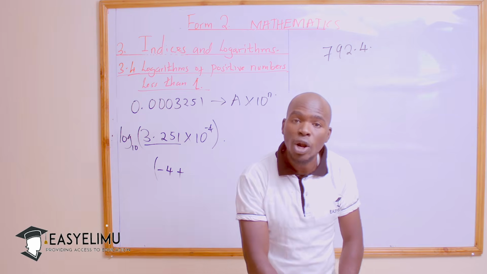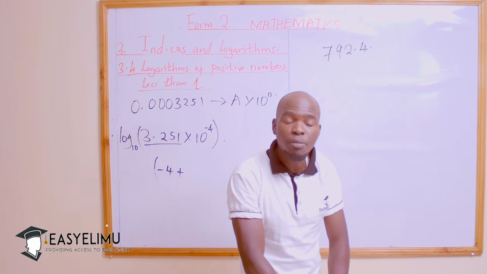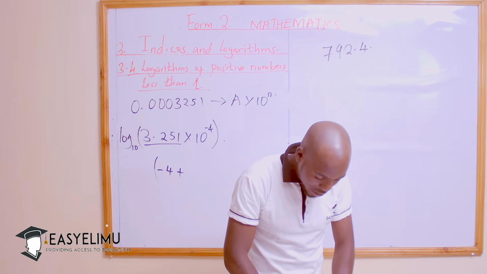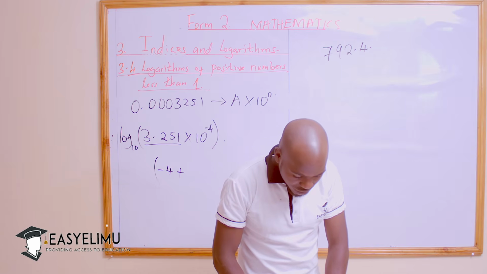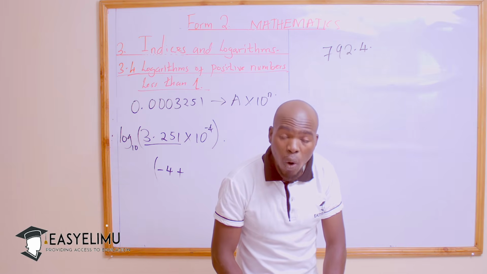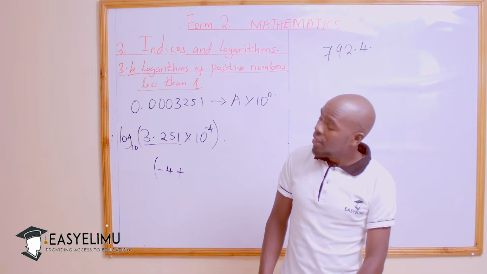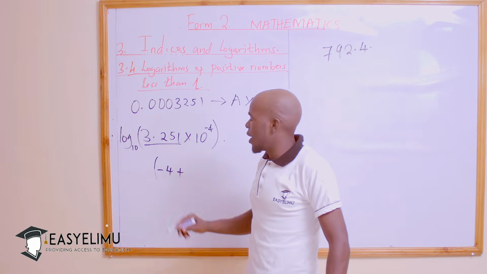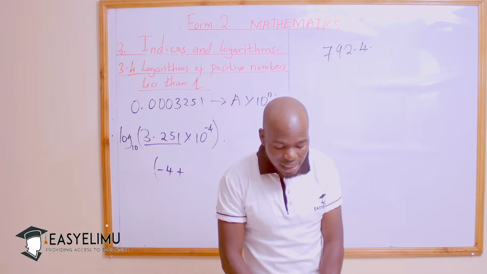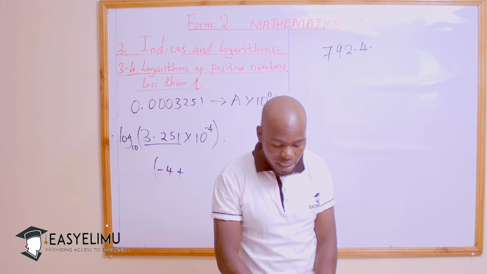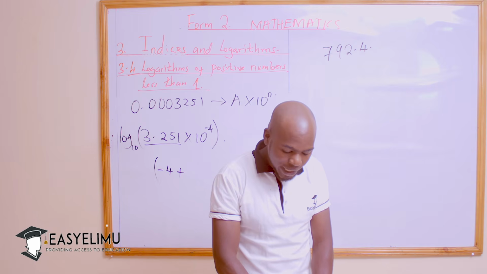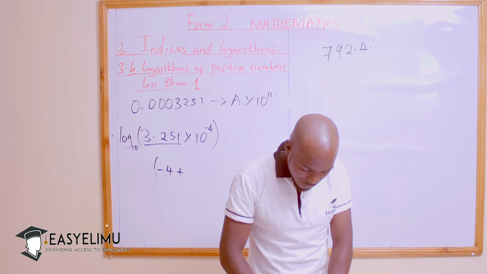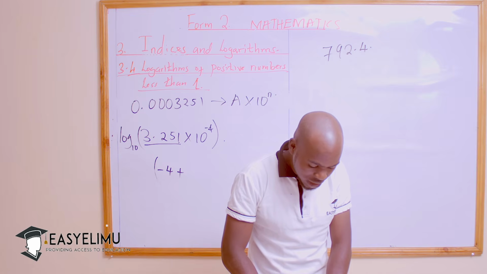Use that column and the row of 3.2 and find where they coincide, and you will find 0.5119. Then we have an additional 1. Move to the third section of the table where it runs from 1 to 9. Locate 1 and you will find it coincides with 3.2 at 1.